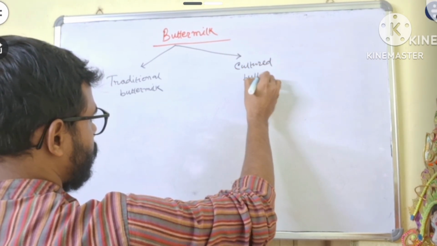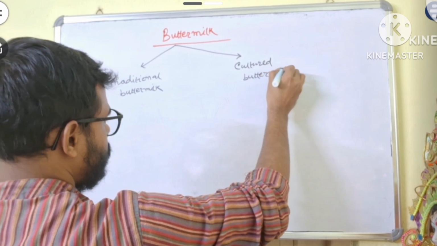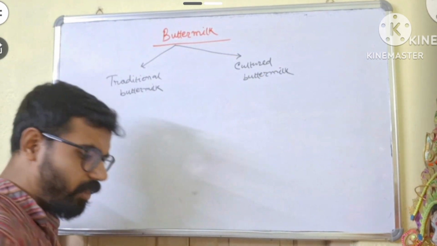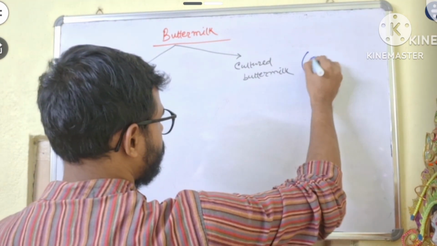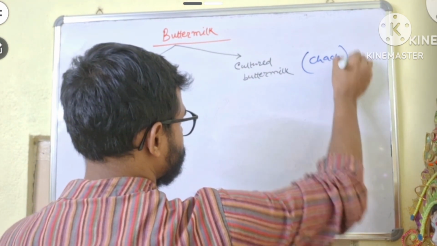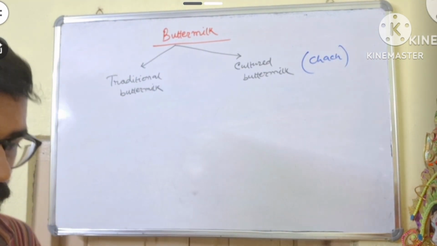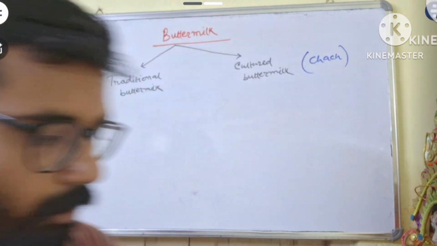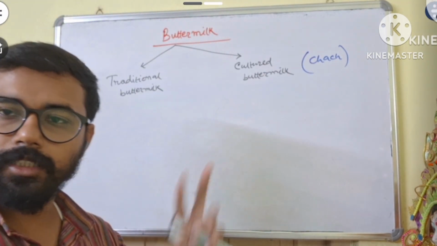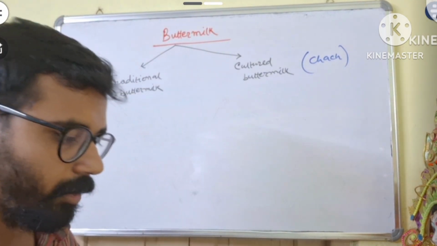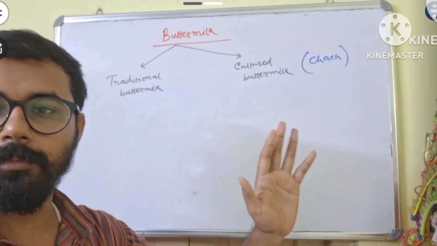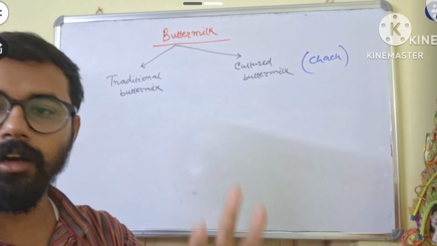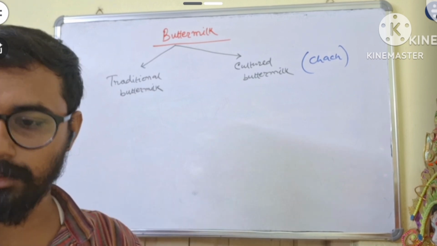Cultured buttermilk is produced on an industrial scale and is also called chach. Clear? So two types of buttermilk, traditional and the cultured buttermilk that we consume nowadays.